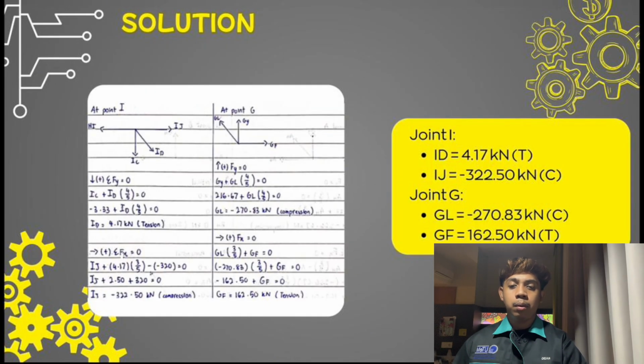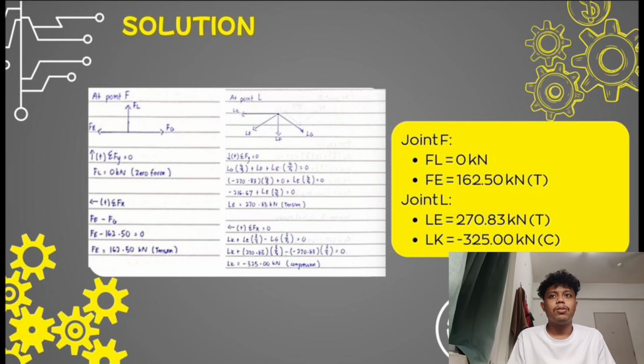At joint G, member GL experiences 270.83 kilonewtons in compression, while member GF carries 162.50 kilonewtons in tension. The analysis of these joints helps us continue identifying the force distribution and determine the critical members of the structure. I will continue to explain this solution.